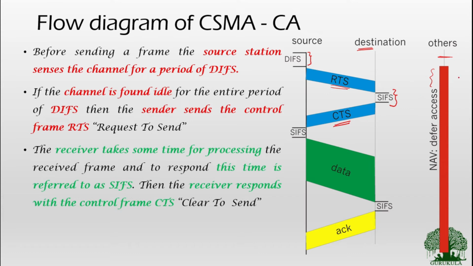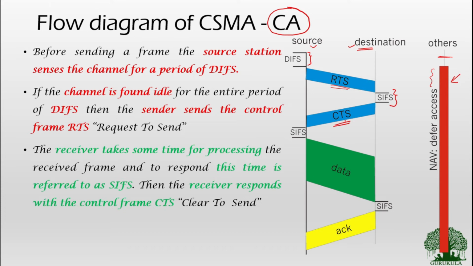So only the source and the destination are going to exchange information, and no other nodes access the channel, so there is no possibility of collision during the entire period of transmission and reception. That is why we call it collision avoidance. We are taking sufficient steps to avoid collision rather than detecting the collision, as opposed to CSMA CD.